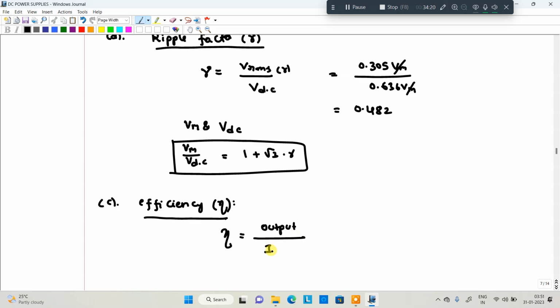So what is the output? IDC square into RL, divided by the input, IRMS square into RD plus RL.